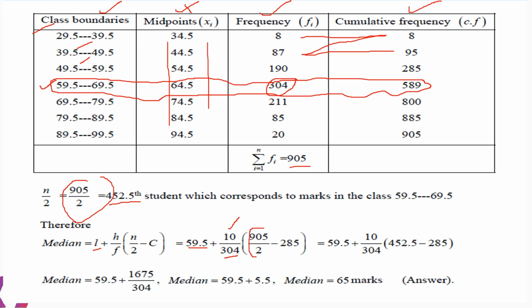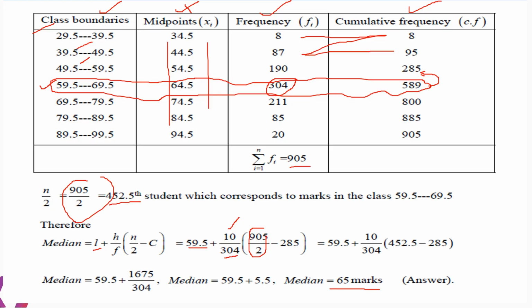And minus C. C is the cumulative frequency preceding the selected class. This is the selected class, and this frequency is C. On substituting these values, we get the median, which is equal to 65, the median of this data.